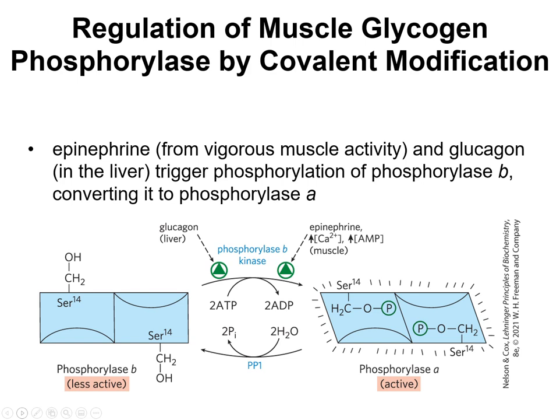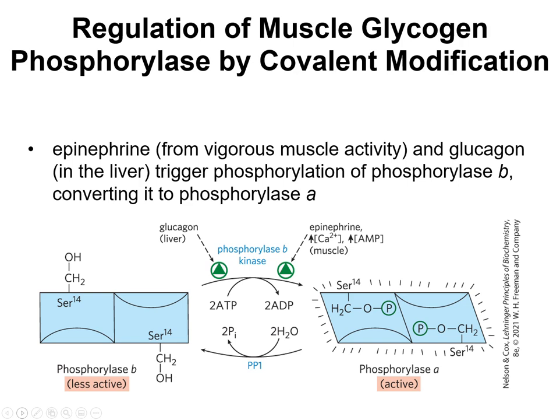Epinephrine, which gets released from vigorous muscle activity, and glucagon, which acts on the liver, trigger phosphorylation of phosphorylase B, converting it to phosphorylase A. So phosphorylation, there's a couple of serine residues that get phosphorylated and activate the phosphorylase.